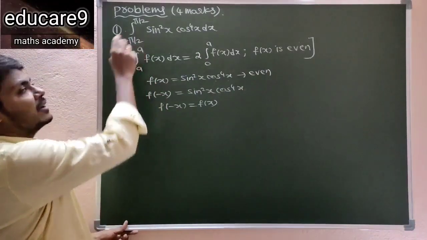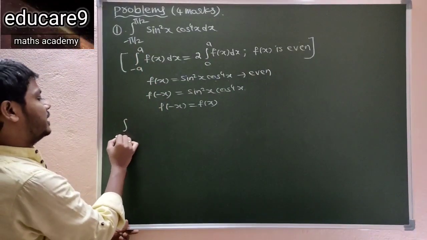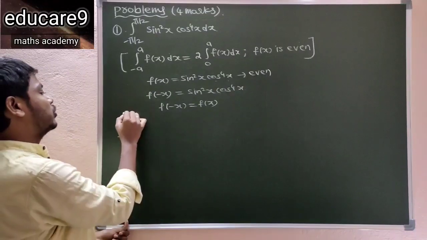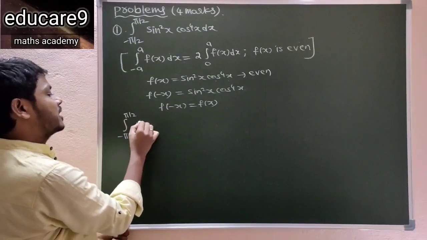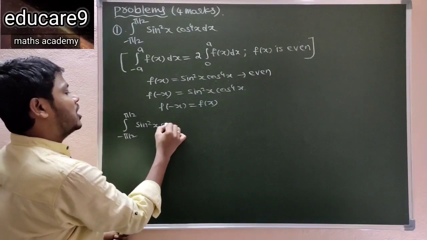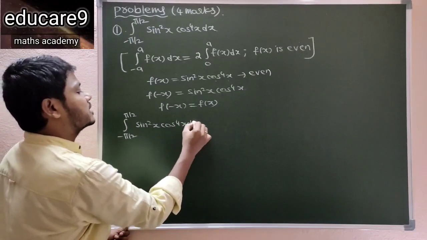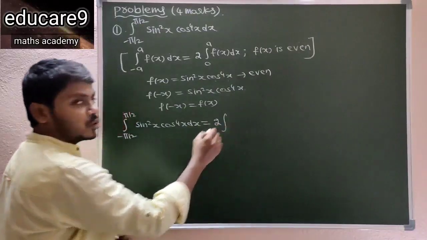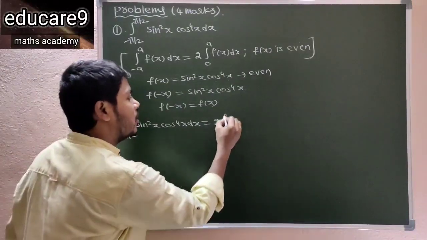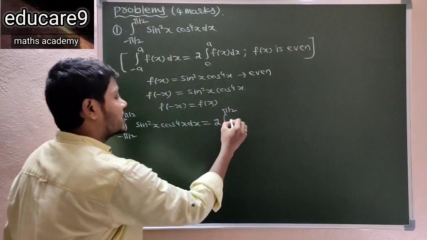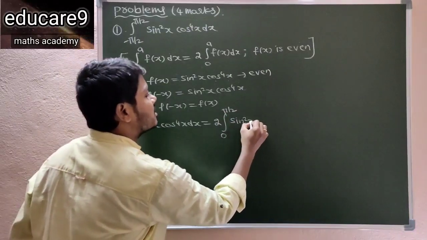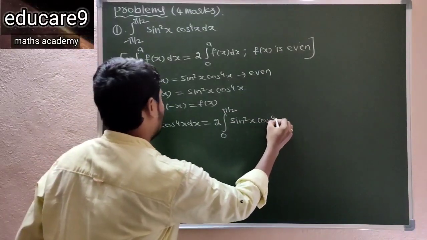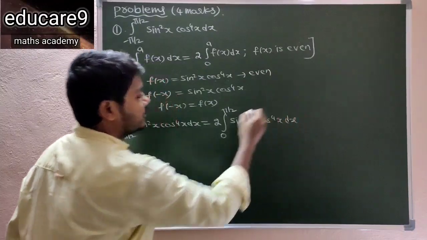Therefore the given integral, that is integral from minus pi by 2 to pi by 2 of sin square x cos power 4x dx, can be written as 2 times the integral from 0 to a, that is 0 to pi by 2, of sin square x cos power 4x dx.